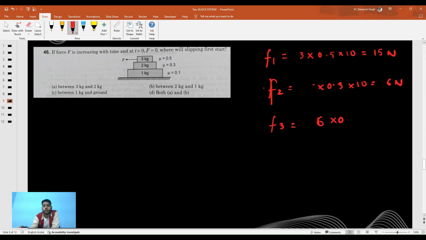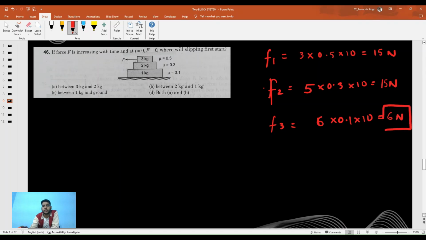That will be the composite of both, so 5 kilogram, 3 plus 2. That's why it will again come out to be 15 newtons. Now in the last case, the mass will be 3 plus 2 plus 1, that is 6 kilogram, and the friction will be 0.1 into 10 into 6, which is 6 newton.